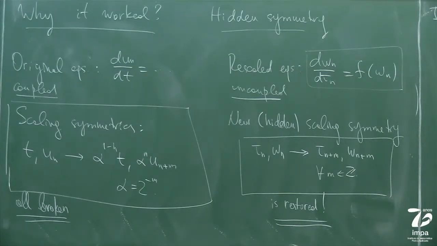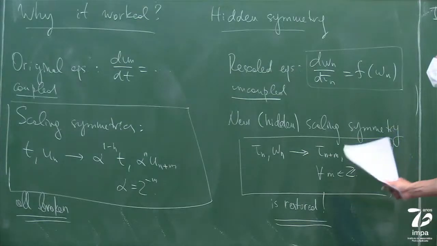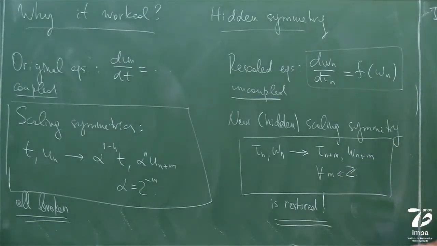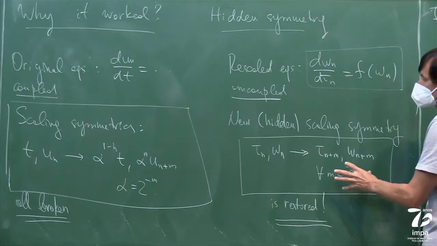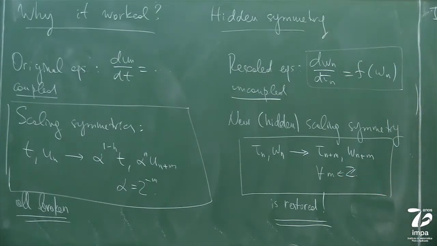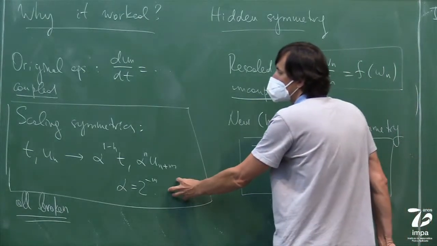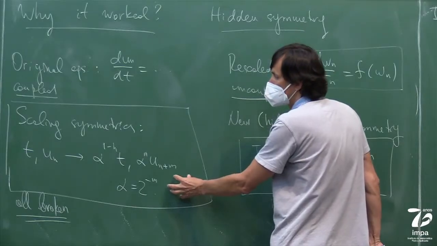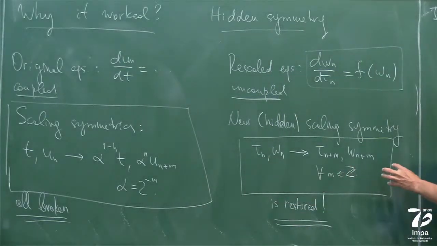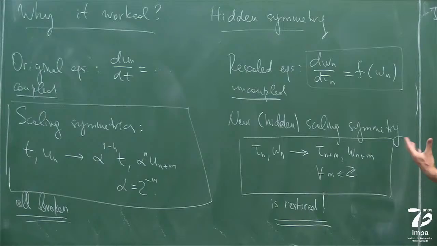This symmetry implies that all structure functions scale as power laws. But since the symmetry is weaker, it does not imply that the powers are linear functions. Zeta p can be an arbitrary function. Each of the original symmetries would imply that zeta p is a linear function of p, while this symmetry implies just that there is a power law, but zeta p is some function.